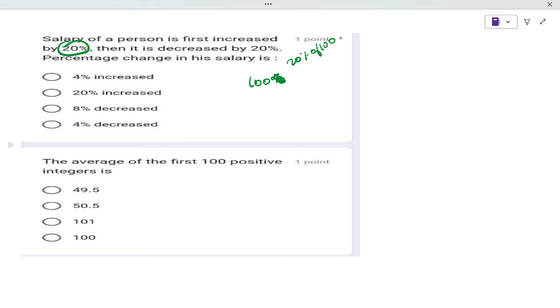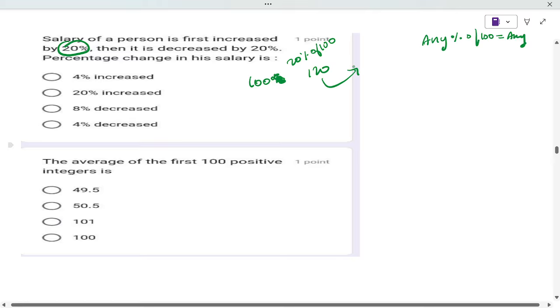I also mentioned in the last class that any percent of 100 gives us that same number. So the first becomes 120, then 20% is decreased.